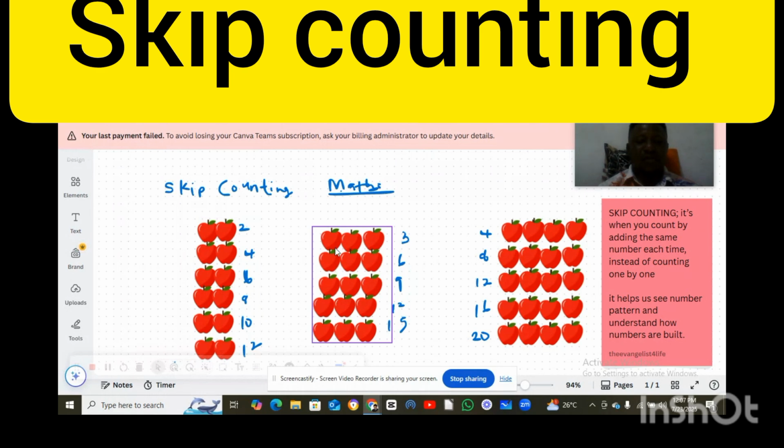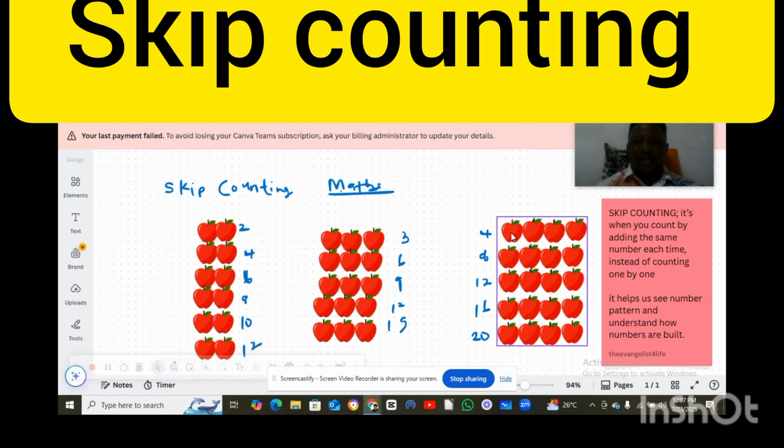Look at this one as well. 1, 2, 3. 1, 2, 3, 1, 2, 3. So you see we keep adding 3.